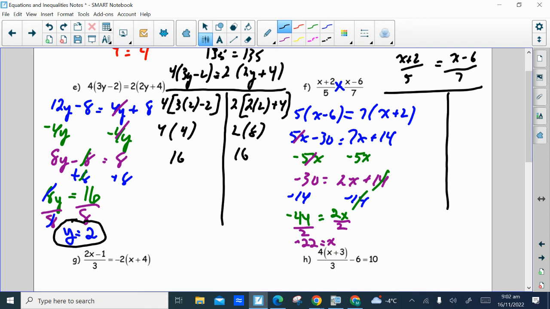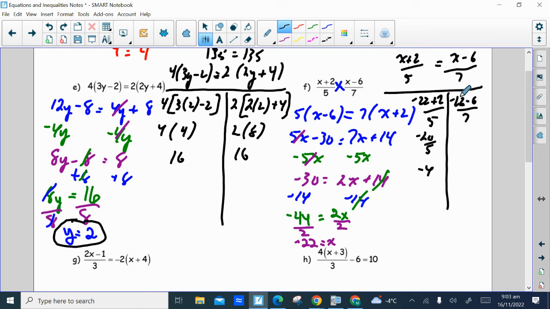So x is negative 22. You're going to have negative 22 plus 2 all over 5. Negative 22 plus 2 is negative 20. Divided by 5 is negative 4. On the right side, negative 22 take away 6 over 7.